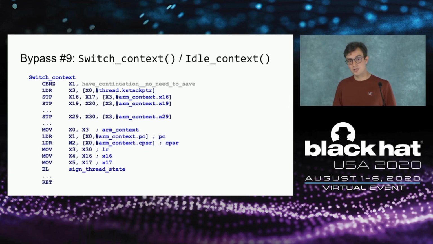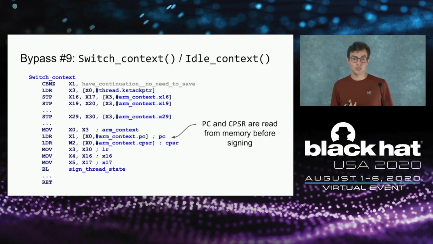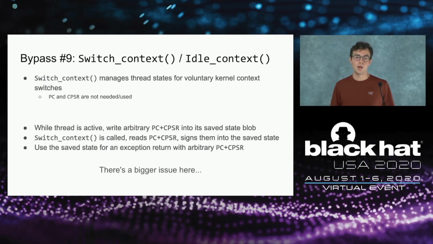When switch context is calling sign thread state, it actually reads in the value of PC and CPSR originally in this saved state blob from memory before the signing operation. So once again, this is basically a way to directly get control of the PC and CPSR registers in the saved state blob before the signature gets generated.